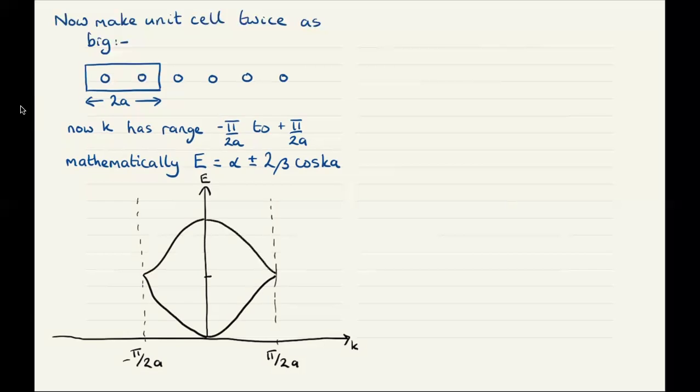And again, we're centered about alpha, and our bandwidth is 4 beta, because the range runs plus or minus 2 beta around alpha.